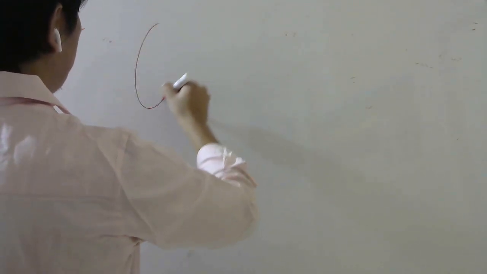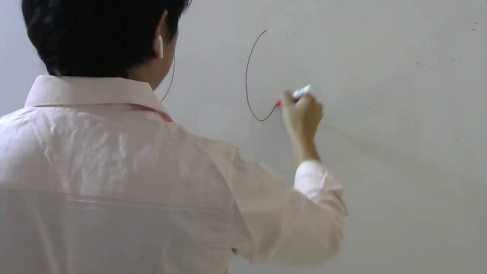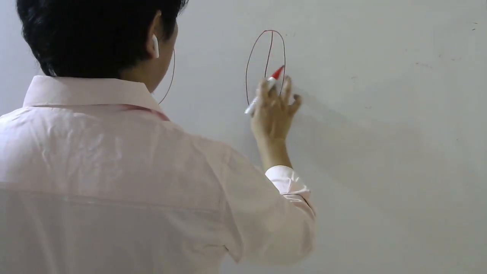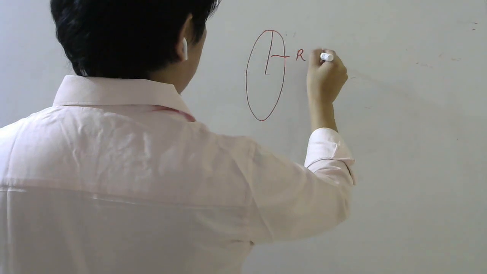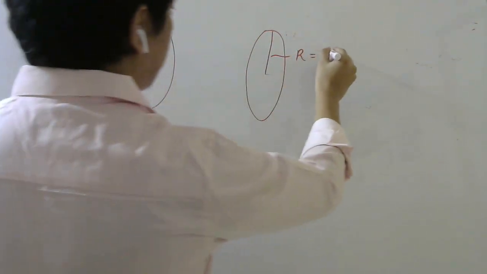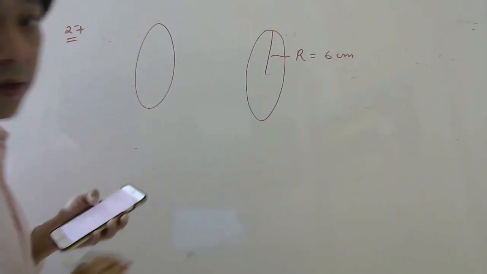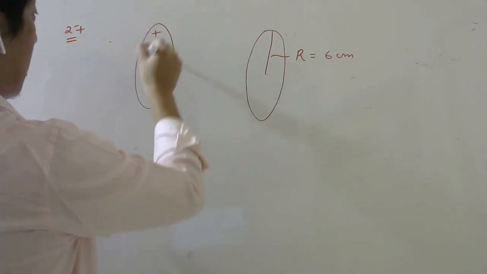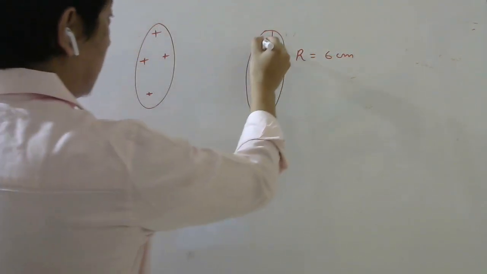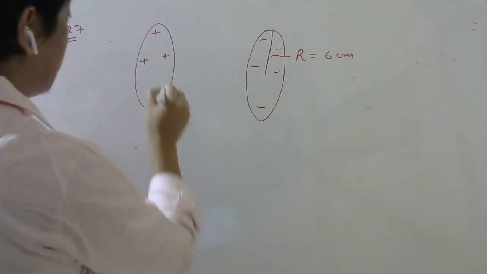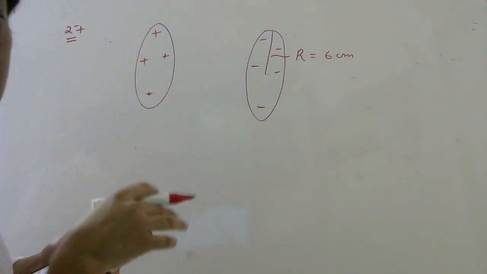So they have given you plates like this, whose radius is capital R, which is equal to 6 centimeter. Now they are being charged. At any instant there will be some charge here, which is changing, remember, because they are applying AC.